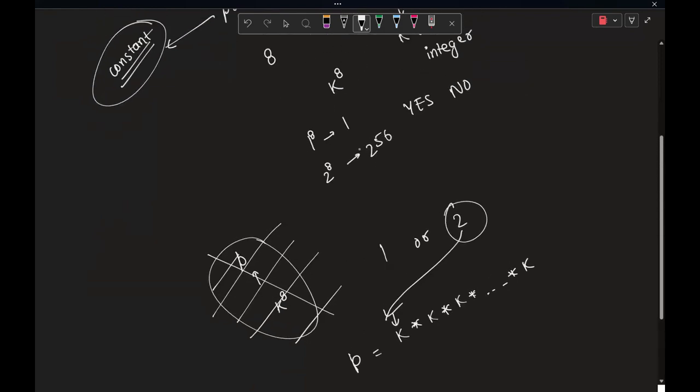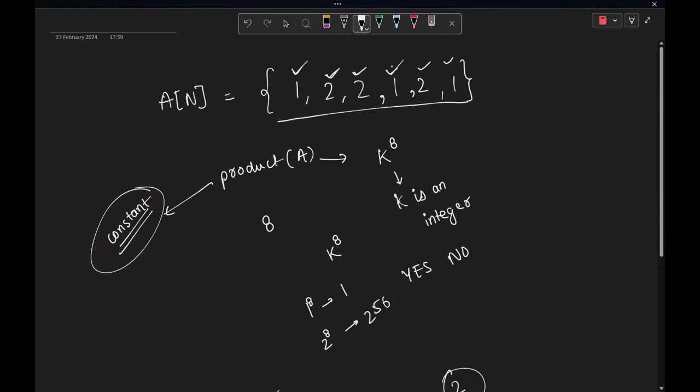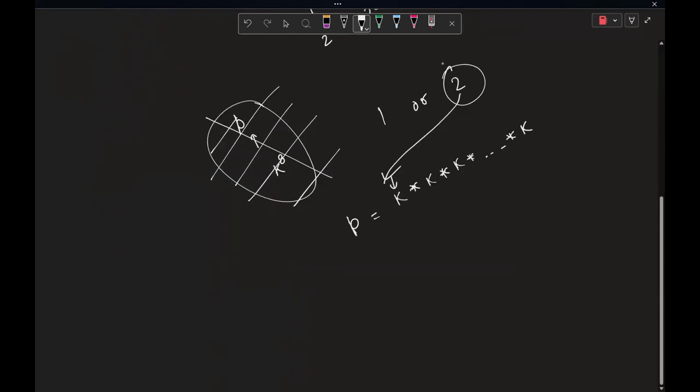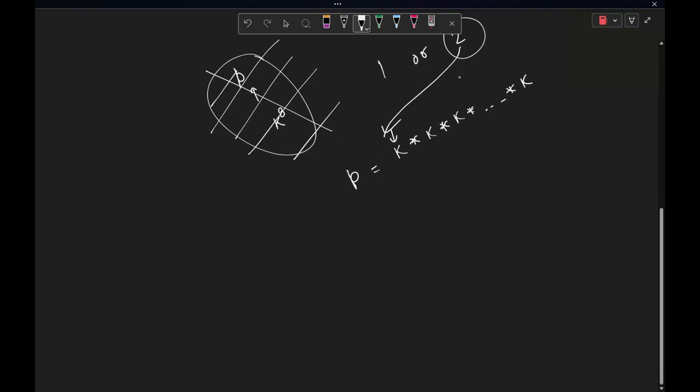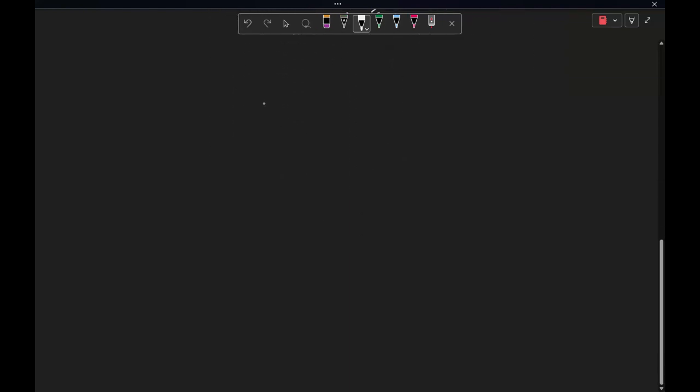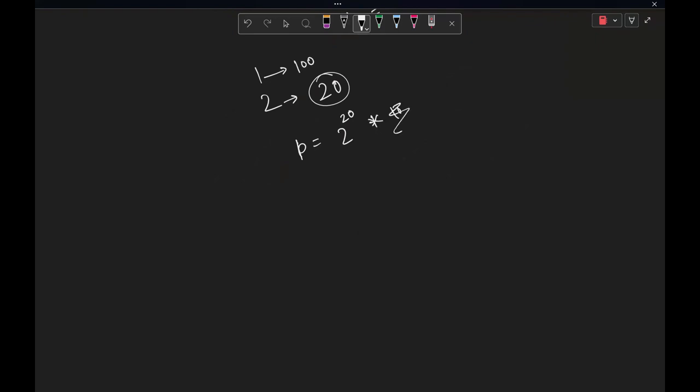The number of times 1 is coming in the array does not really create any difference, but the number of times 2 has been coming up in the array does matter. So let's say if 2 is coming up 20 times in the array, then the product of the array will be 2 raised to the power 20. And it does not really matter how many times 1 is coming. Maybe 1 is coming up 100 number of times. The product will still remain the same, right?